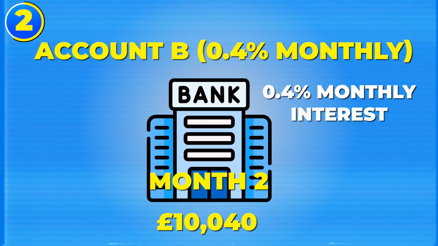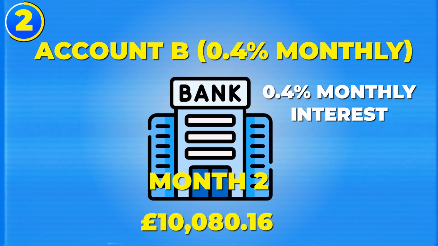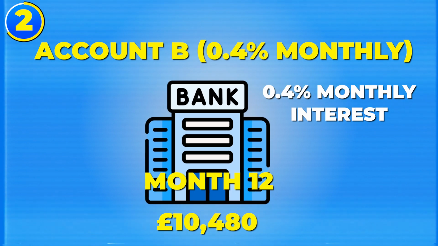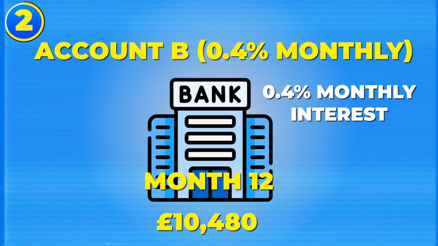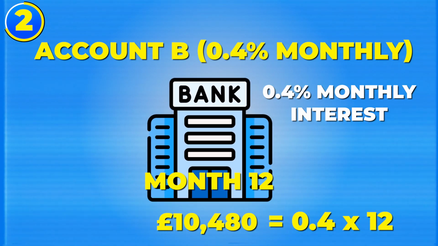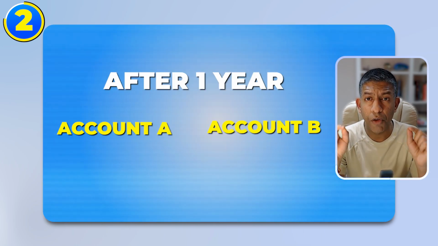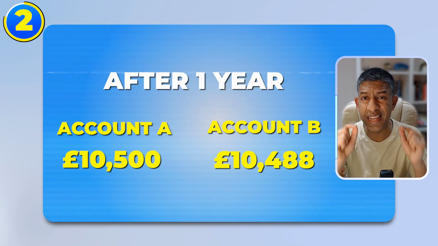In month 2, you earn 0.4% on the new balance of £10,040, giving you just over £10,080. By the end of the year, instead of £10,480, which you might expect from 0.4 times 12, your balance actually grows to £10,488. So at first glance, the 0.4% monthly might have seemed roughly equivalent to the 5% AER. But after a year, it left you with £12 less than account A.